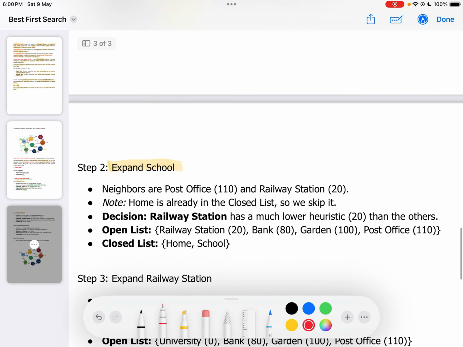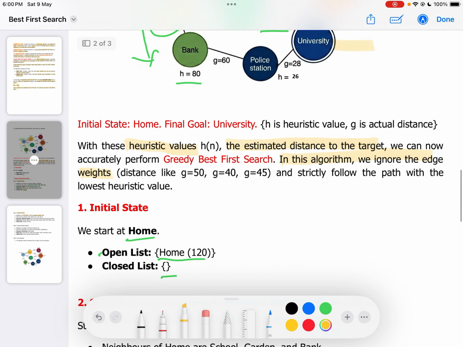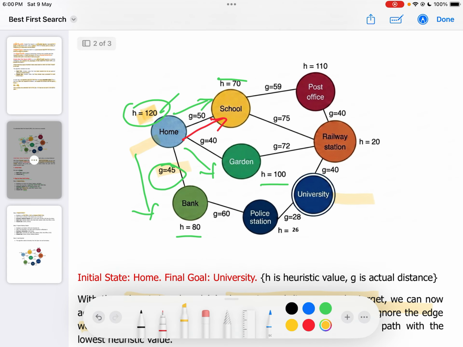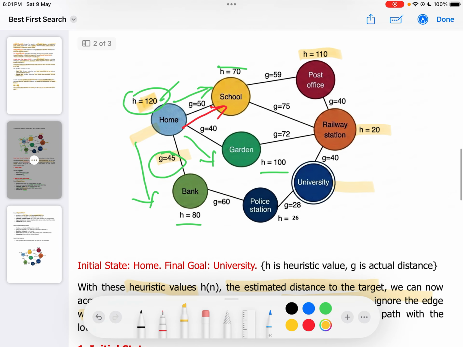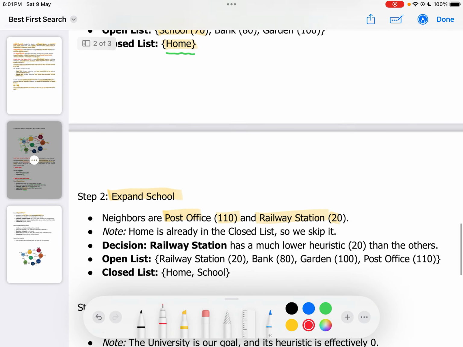Now, who are the neighbors here? Post office and railway station. And look at the values: post office 110 and railway station 20. So obviously we'll have to go to the railway station because the heuristic value is low.